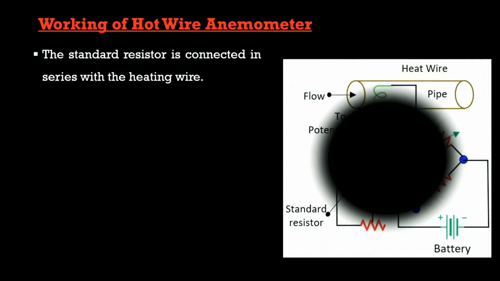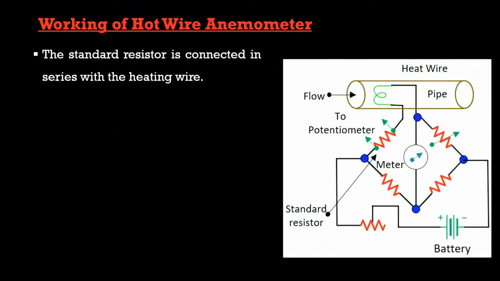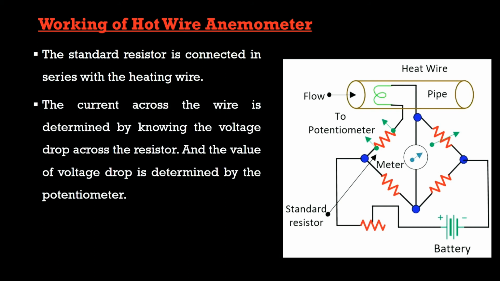A standard resistor is connected in series with the heating wire. As we can see here, there is one standard resistor connected in series with that heater wire. So the current across the wire is determined by knowing the voltage drop across the resistor, and the value of voltage drop is determined by the potentiometer.